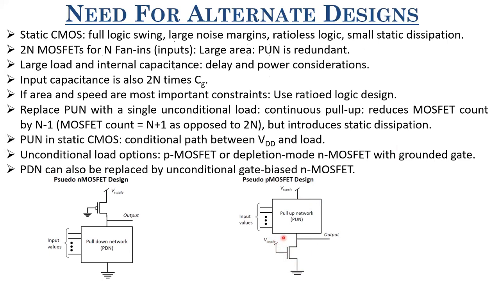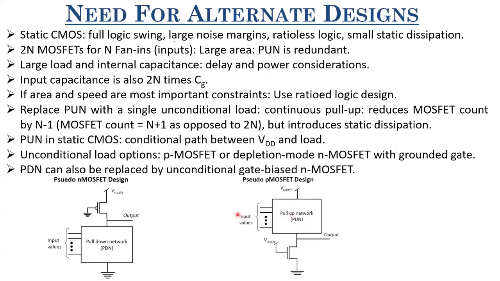But it's fine, it can be V supply here because we are not going to pass logic 1 here. You replace the PDN with this gate-biased NMOSFET and everything else remains the same. So this will try to pull the output towards ground, irrespective of whether the PUN is on or off.